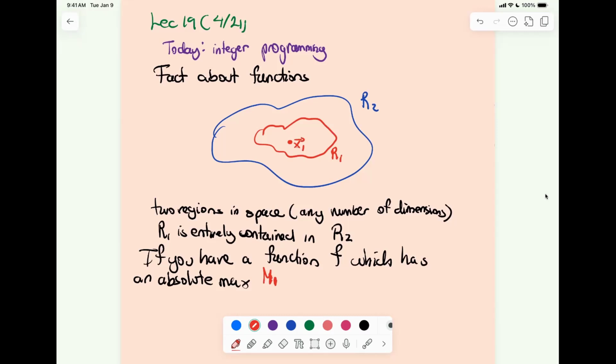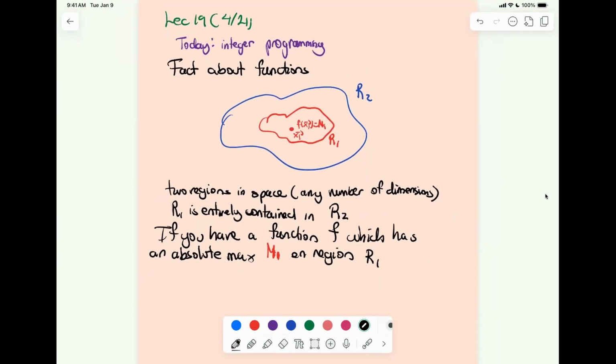I'll think about it as a vector because it could be in high dimensions. Here f of X1 is the max on region one, and an absolute max on region R2.